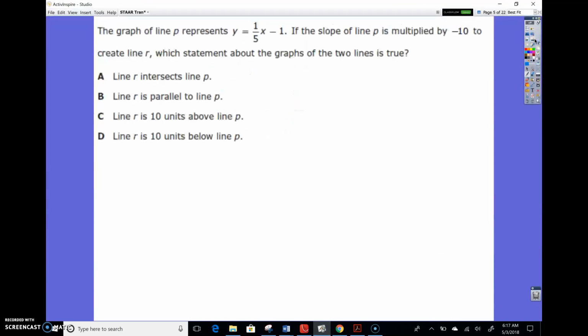The graph of line P is represented by y equals 1 half x minus 1. If the slope of the line is multiplied by negative 10 to create the new line, which statement about the graph of the two lines is true?